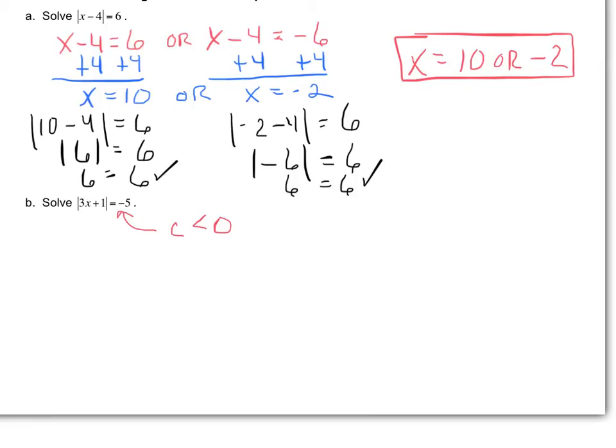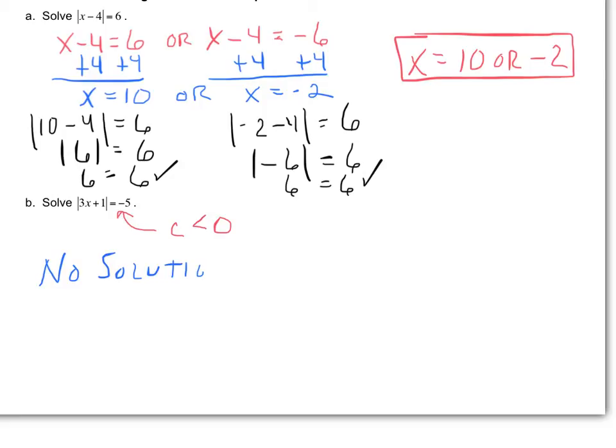We're trying to find something inside the absolute value symbol that once I take the absolute value becomes a negative. That's not possible. Anything that comes out of the absolute value signs is always going to be a positive number. So we answer this with no solution.